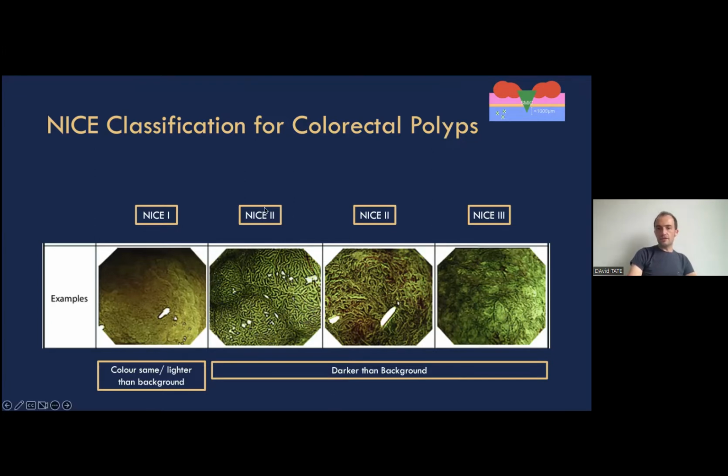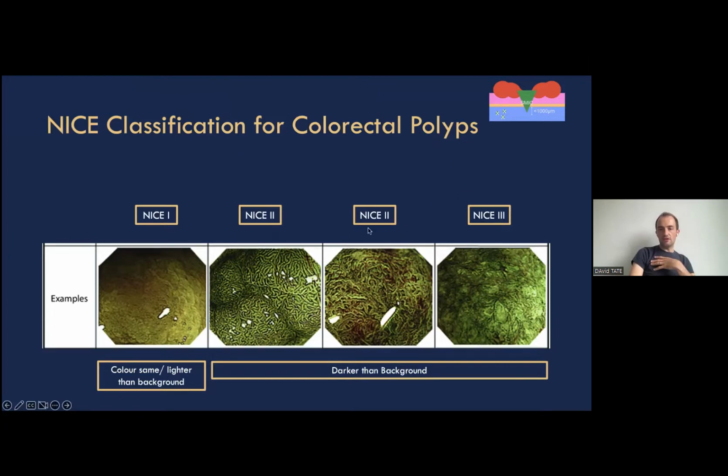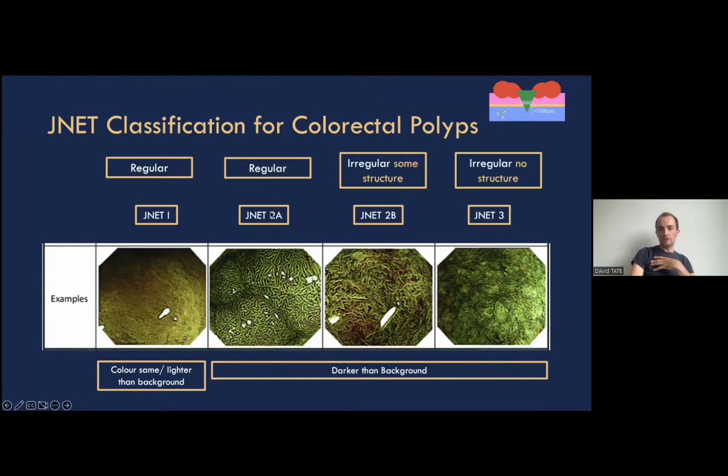NICE 2 is the same color as the background and mainly regular, and NICE 3 is the same color as the background, but disordered. And then the Japanese, because they always do, they're into the detail, changed this a little bit and separated NICE 2 into 2A and 2B.